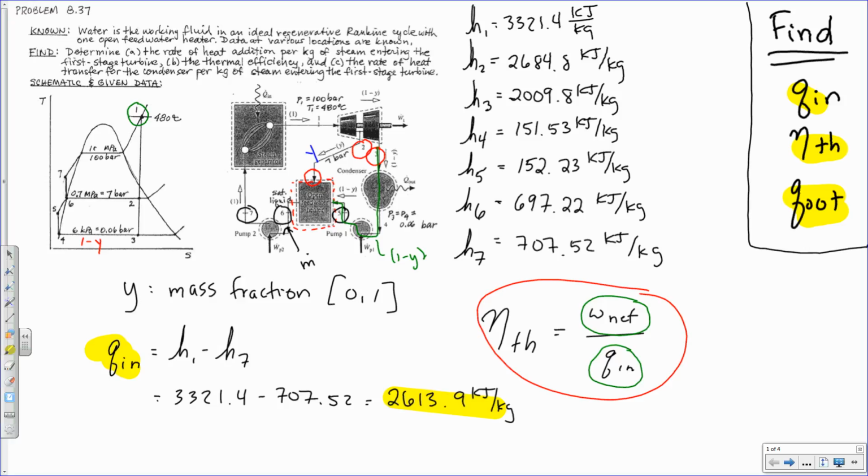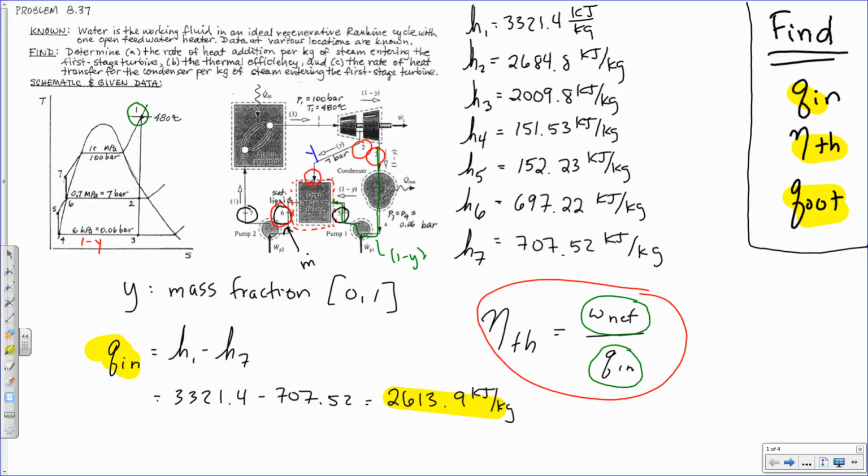So that means that the mass flow rate from state 4 to state 5 is m dot times 1 minus y. Across 6 and 7, this occurs downstream of the open feed water heater, and we said that at state 6, the mass flow rate is the total mass flow rate from state 6 to state 7.